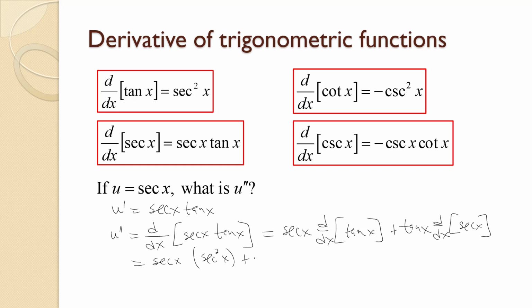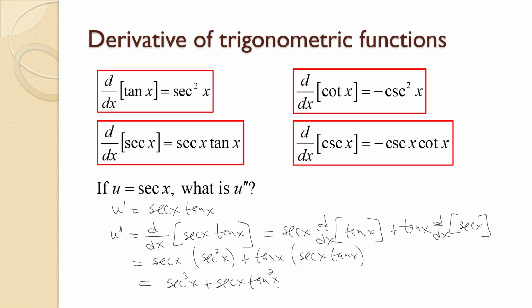Then I have plus the tangent of x, and the derivative of secant of x is secant of x tangent of x, which gives me the answer, which will be in the end secant cubed of x plus the secant of x, the tangent of x, where the tangent is squared.